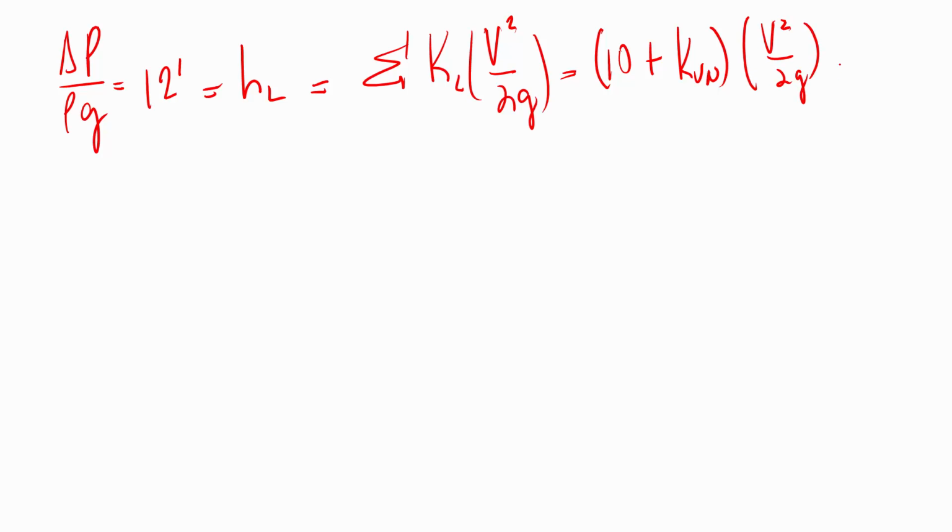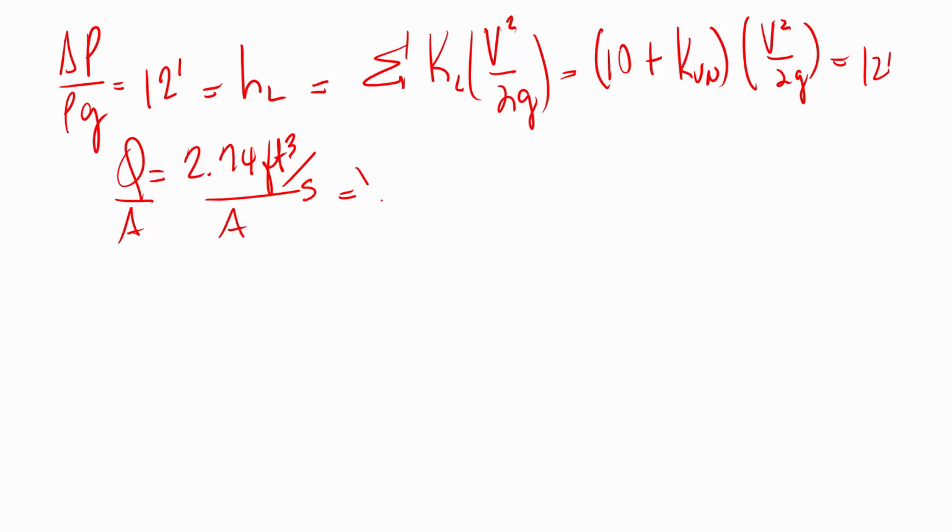Now the velocity I can calculate because I know the flow rate Q is 2.74 cubic feet per second, and if I divide this by the area, it gives me the velocity.